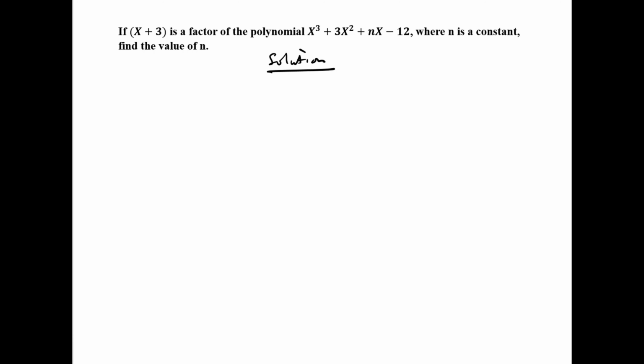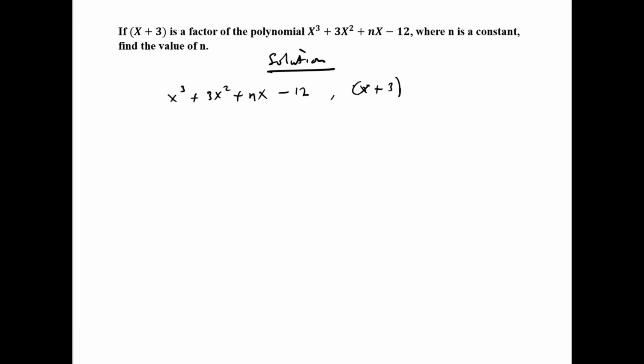Here we have our polynomial as x raised to the power of 3 plus 3x squared plus nx minus 12. The question says x plus 3 is a factor, so this is a factor of this polynomial.